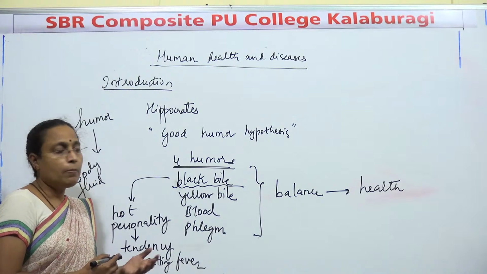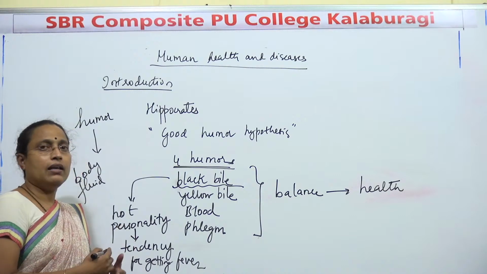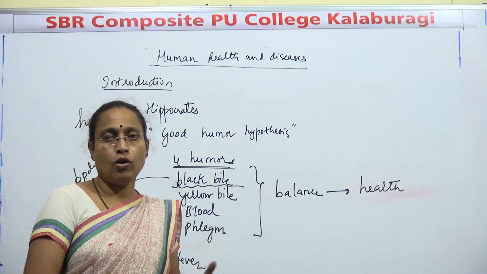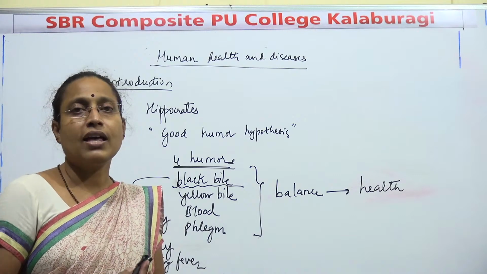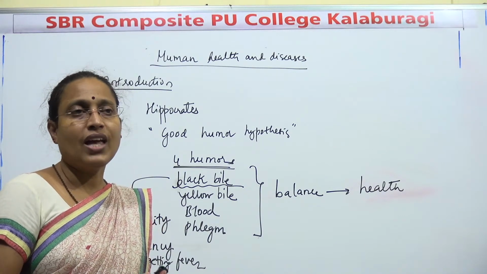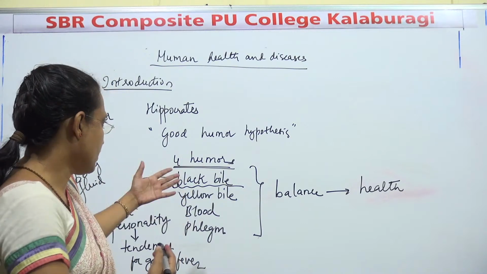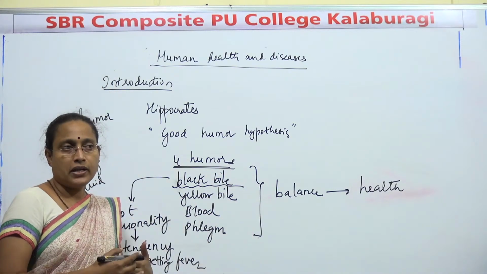Even in India, there is a similar system going on. There is an indigenous system of medicine in India, and that is called Ayurveda. Even in Ayurveda, they believe the same thing. That means similar principles. The body has Vata, Pitta, Kapha, and all those things.